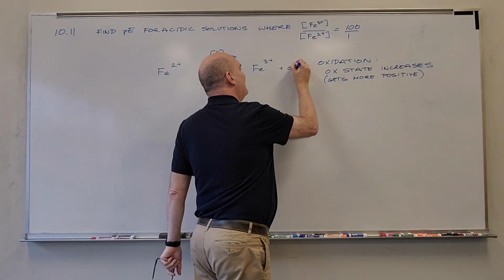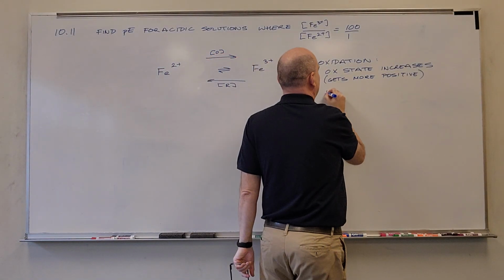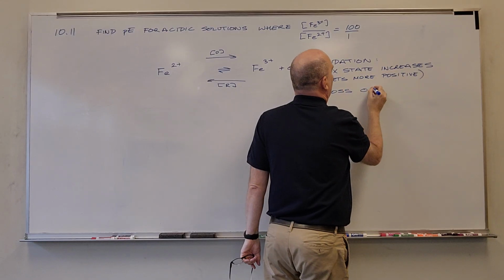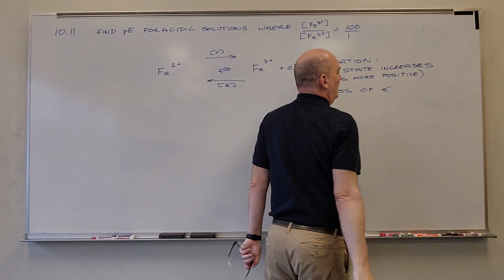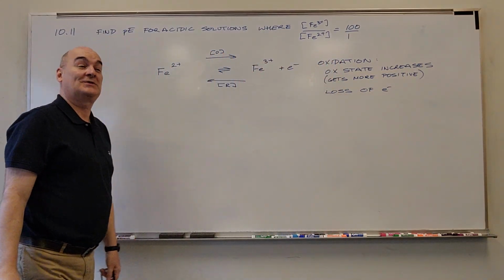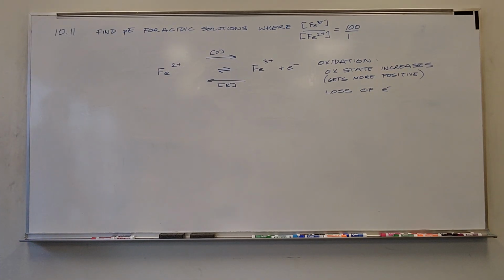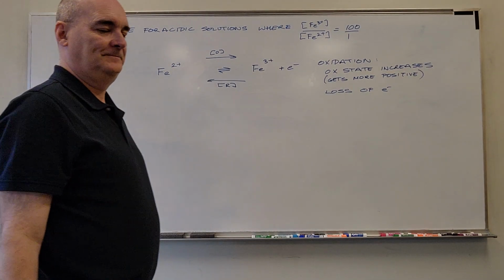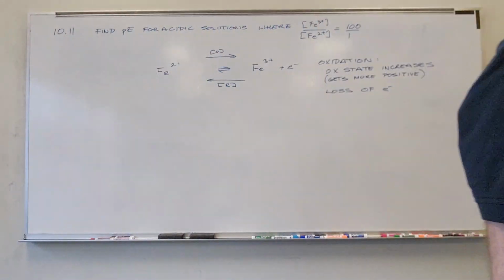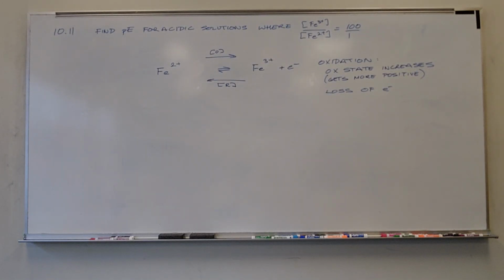So we have to give that electron away. Oxidation is the loss of electrons. And to go from 2 plus to 3 plus means we lose 1 electron. Okay.